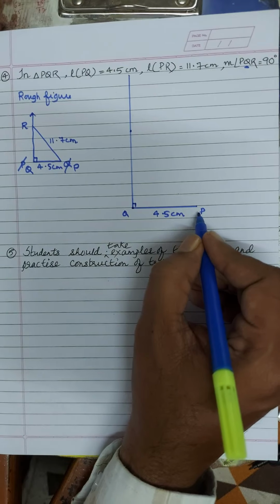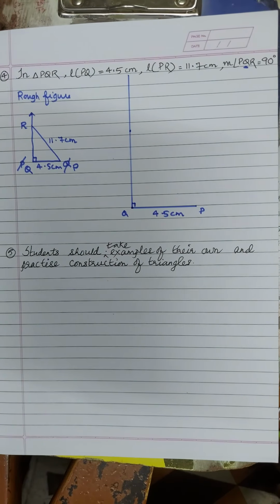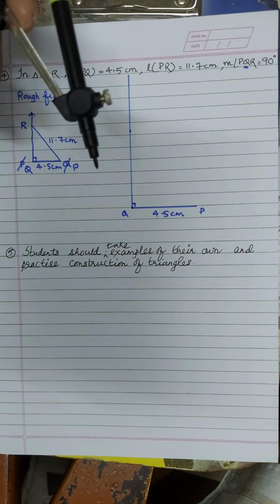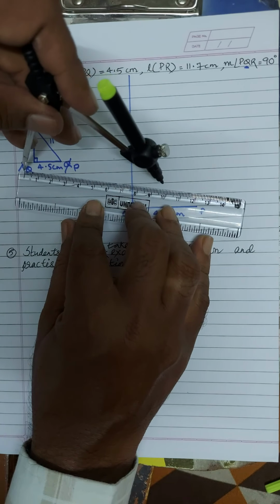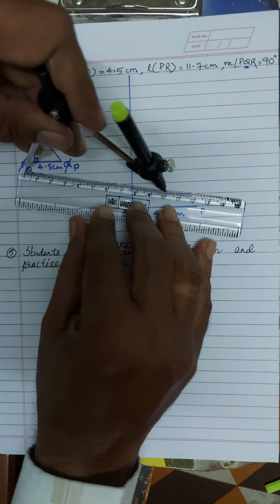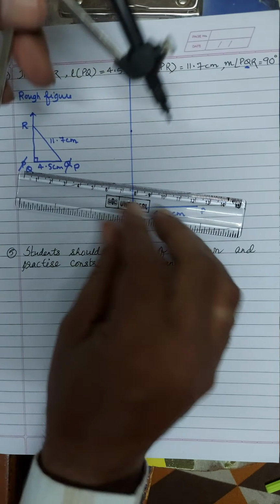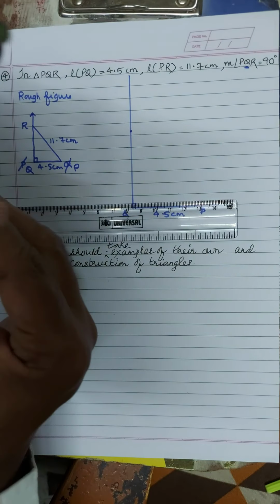Now taking P as a center, we need to take 11.7 centimeter. Again, it's a very big measurement, so we need to take 11.7 centimeter on the scale. So this is 0, and again we need to extend it. So this is 11.7 centimeter.